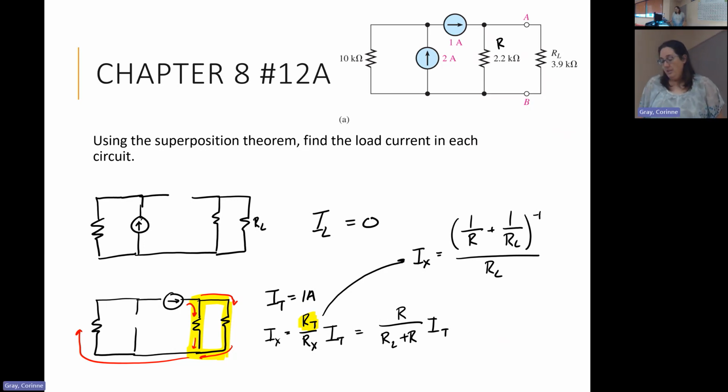Would somebody like to volunteer what they have for the current they got, with a couple extra sig figs, and which method they used? I checked both, but I got 0.3607 amps. Let's do one extra sig fig, so let's do 6.6, yeah, amps. And you did both methods and got the same value?